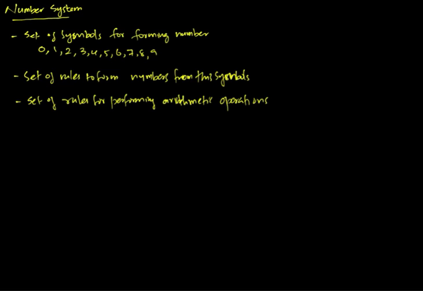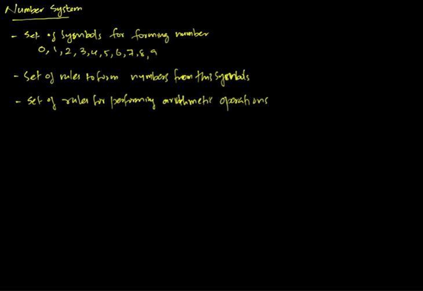So the first one is a set of symbols for forming the numbers. The second is a set of rules which may be used to form the numbers from these symbols and assign values to them, and the third is another set of rules for performing arithmetic operations in this number system.